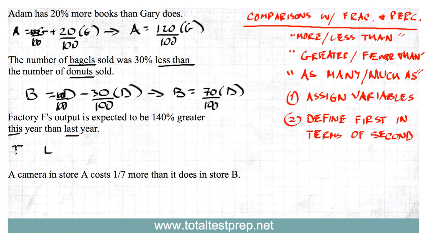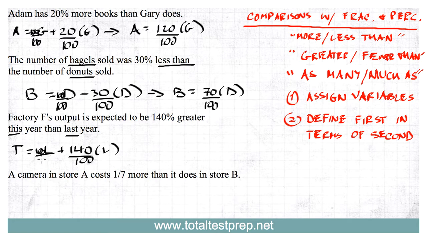We're defining the first variable T in terms of the second, so we're going to add, because it's 140% greater, we're going to add 140%. Again, you can't have a percent by itself, so it's 140% of last year. And this is our equation. So T is equal to L plus 140% of L.